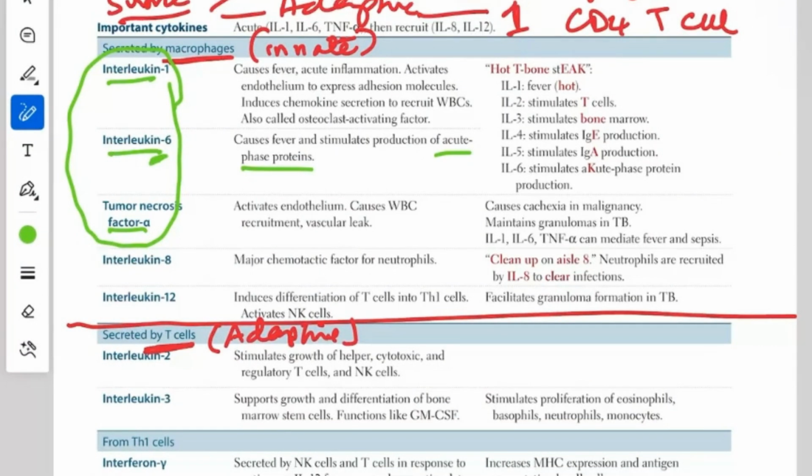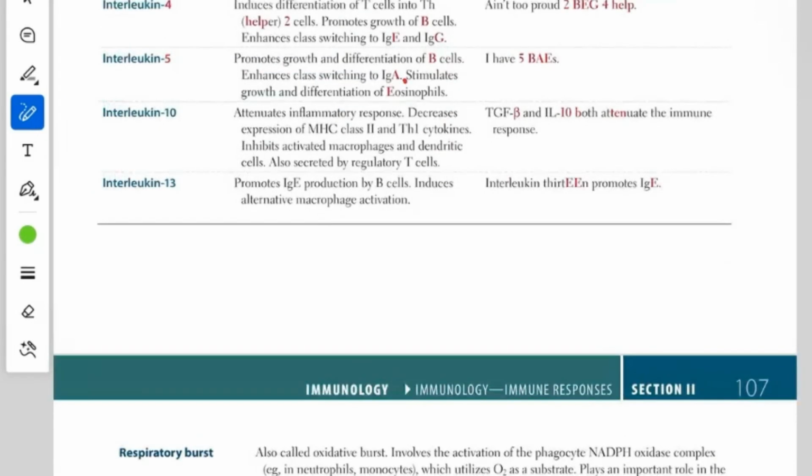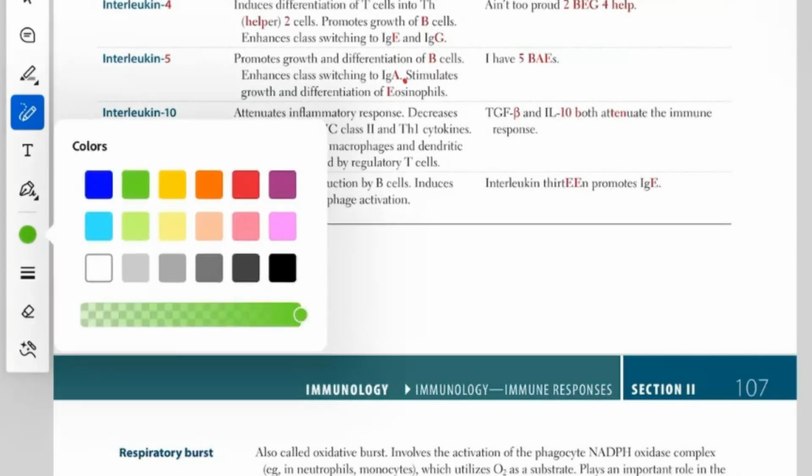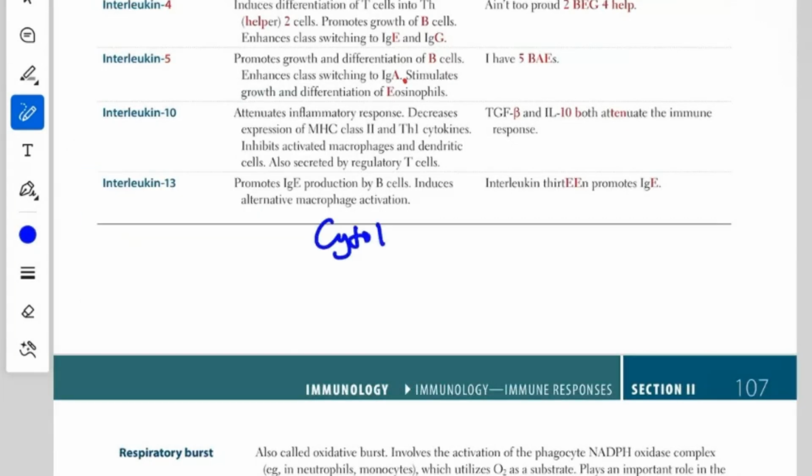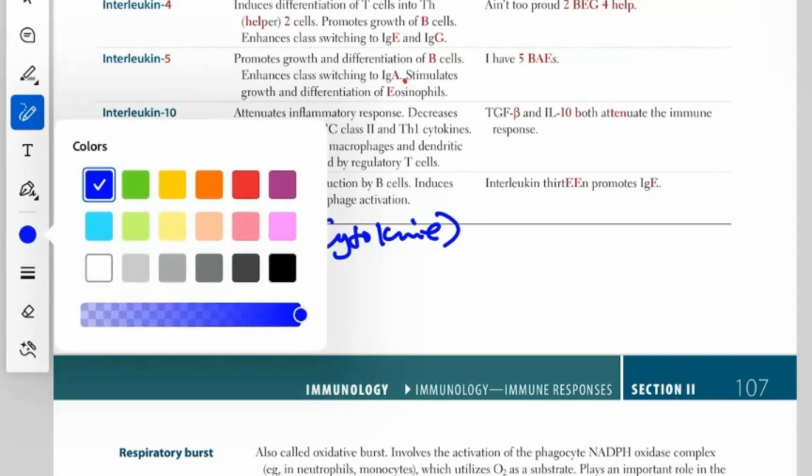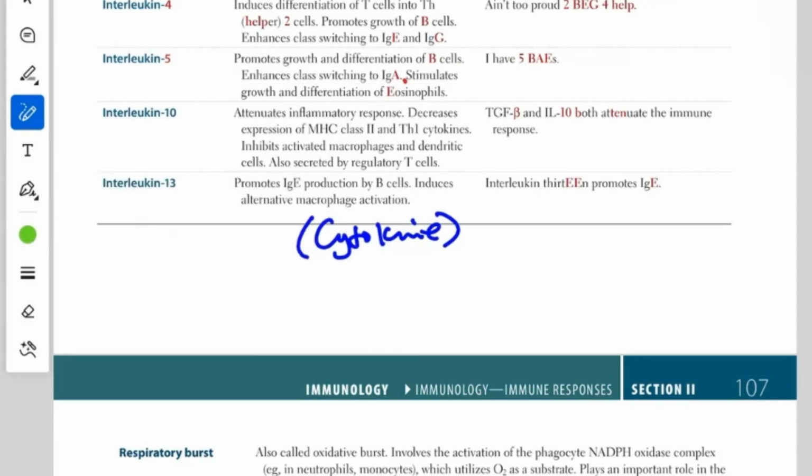So you can see here, those are some of the things I talked about: fever, acute inflammation. This induces other white blood cells to secrete chemokines. Now, when you hear chemokines, they are under the cytokines. So if you have your cytokines as a broad umbrella of communication molecules between cells, under it you have other subsets within them that stimulate different subgroups of cells.